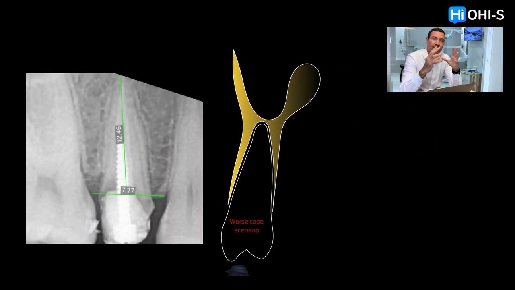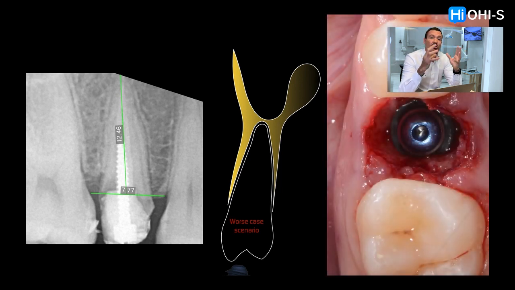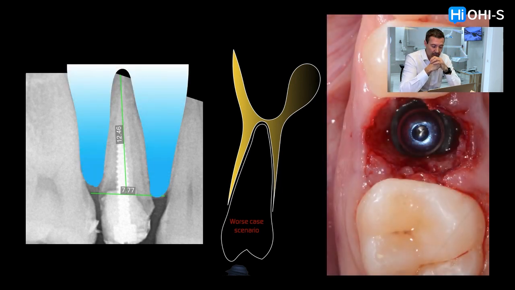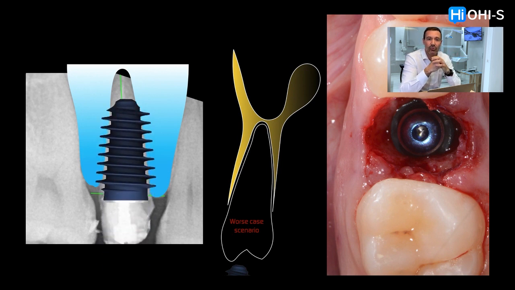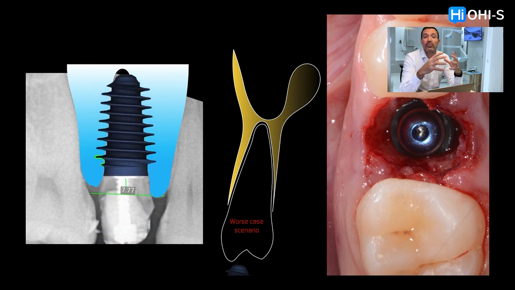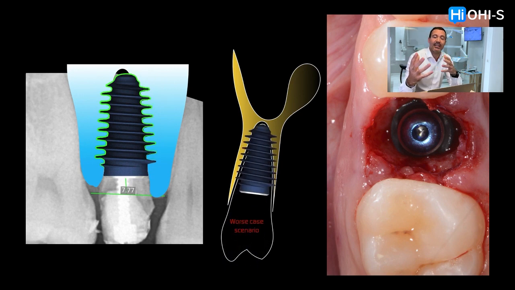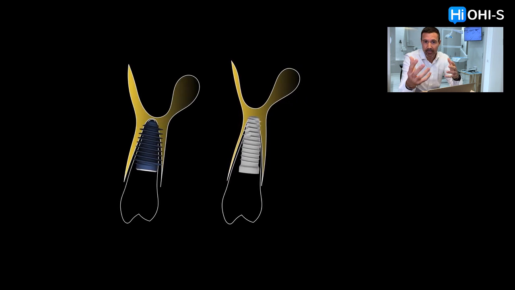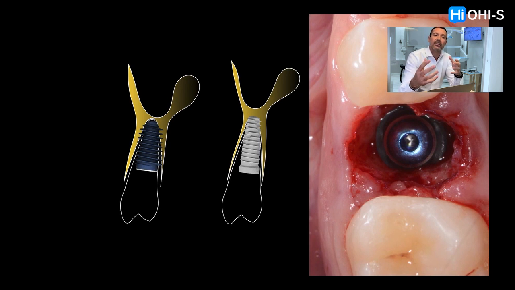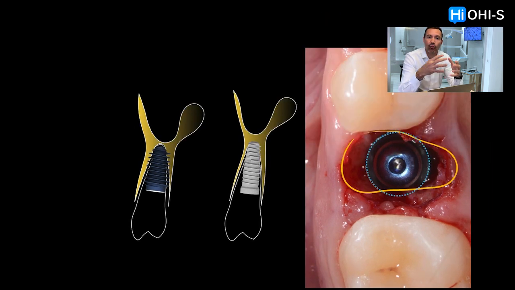The limitations of immediate loading, the use of space, obviously the macro design of our implant. Prosthetics: what kind of temporization are we going to use? How am I going to customize my temporization to be aesthetically acceptable for our patient and at the same time have an anatomical sense and anatomical support for the soft tissues and the hard tissues?